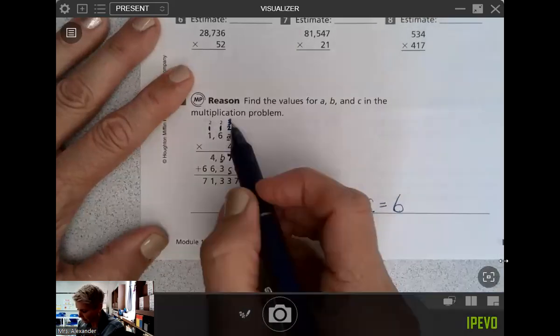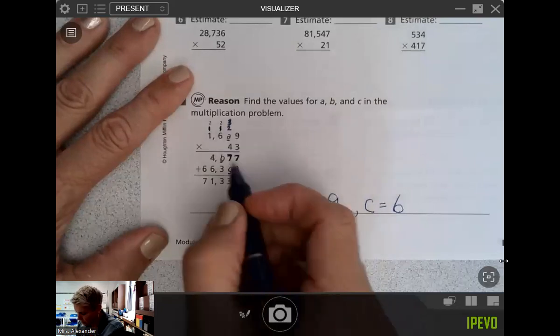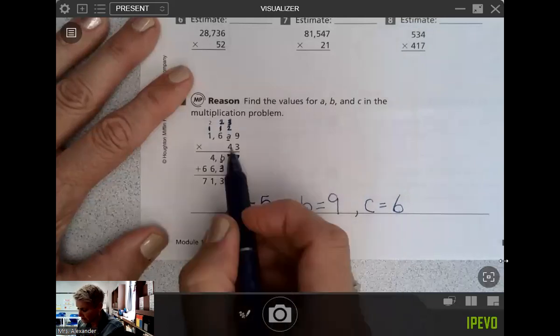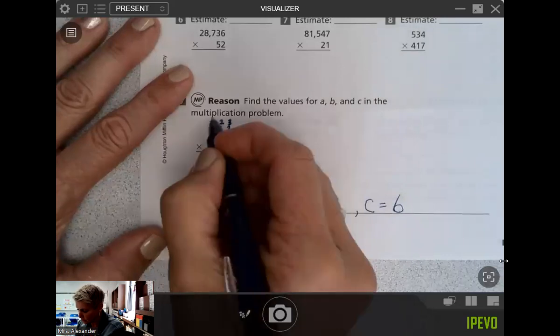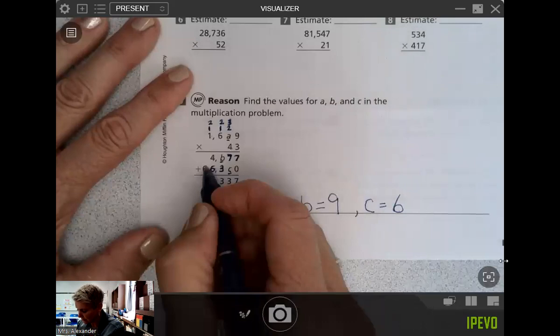We regrouped this 3. 4 times 5 was 20, plus 3 would be 23. There's the 3, regroup the 2. 4 times 6 is 24, plus that 2 is 26, and it's regrouped. 4 times 1 is 4, plus 2 is 6.